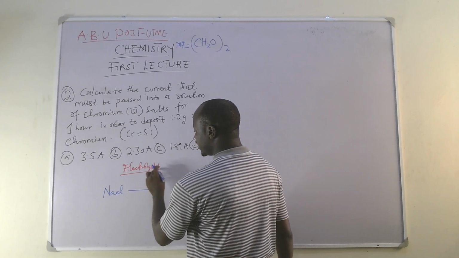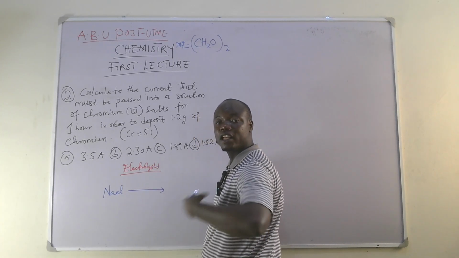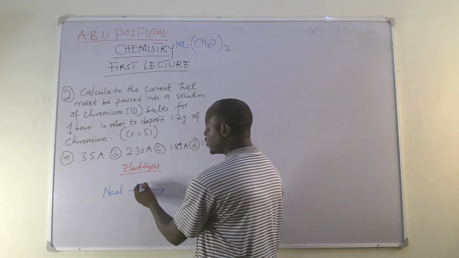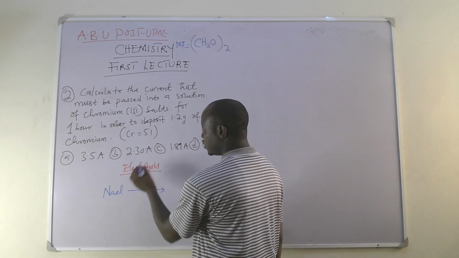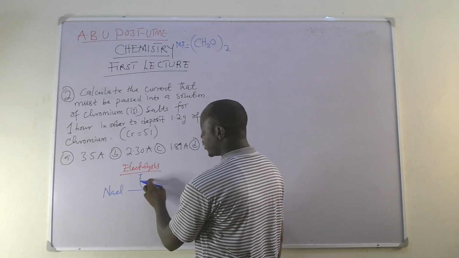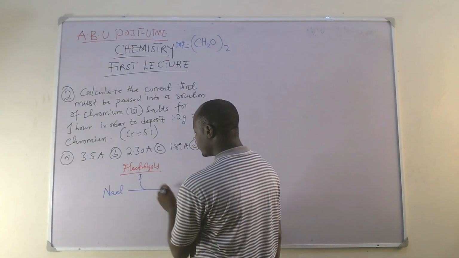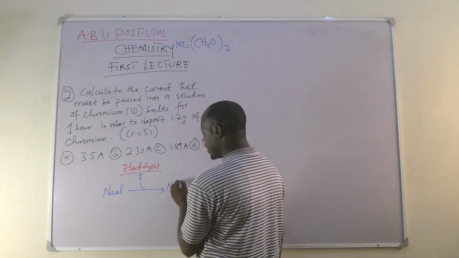The word lysis means breaking down. So electrolysis is the use of electric current to break down compounds into their component ions.